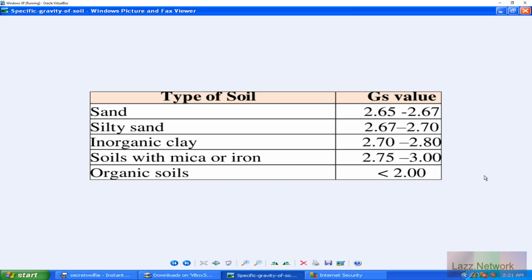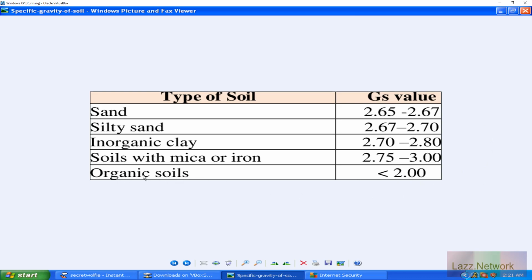If you've ever thrown grass in water, what does it typically do? It floats, right? So this is the same idea here. Typically, organics have a lighter density than sands, clays and silts.